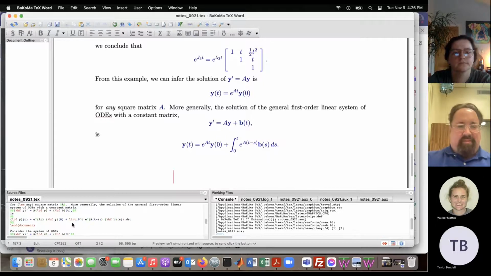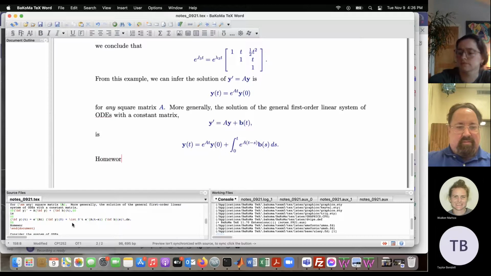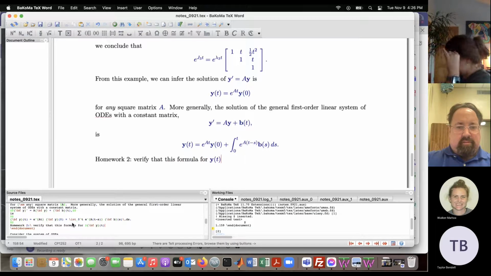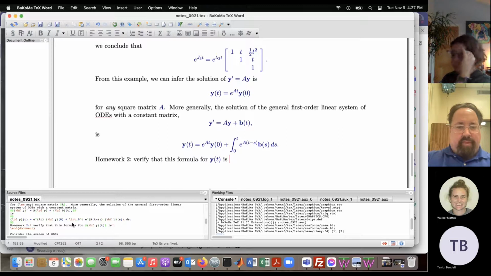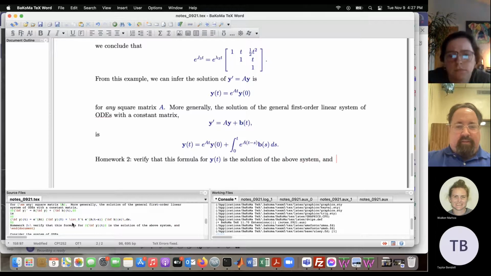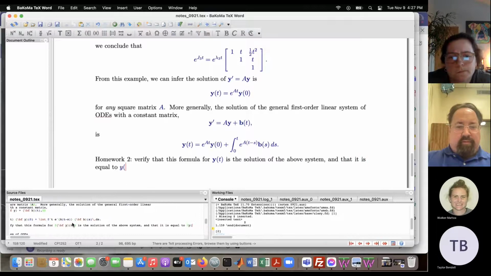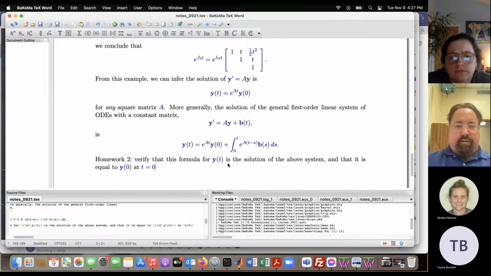Okay, so system, and that is equal to y of 0 at t equals 0. So if you were to plug in t equals 0 into this formula, then everything would simplify, and that is what would pop out.